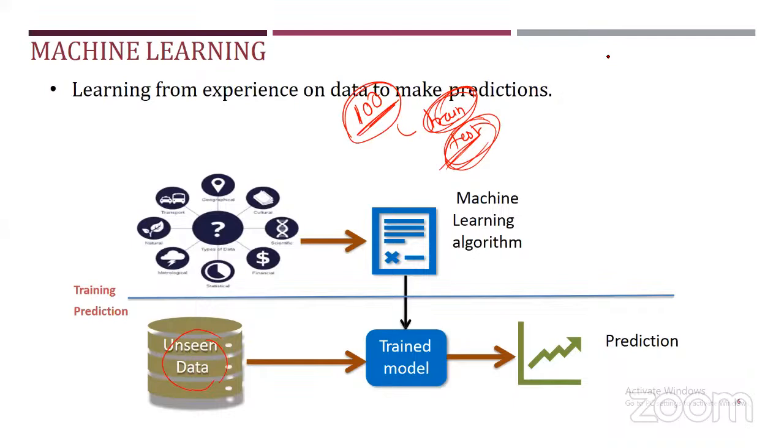Let me further clarify it. Suppose you are having 1, 2, 3, 4, 5, 6. Let's take it as 10 only, right? Suppose these instances I might be using as my training, and this set of instances I might be using as a test. Okay.